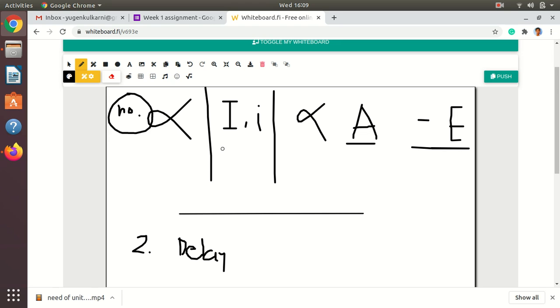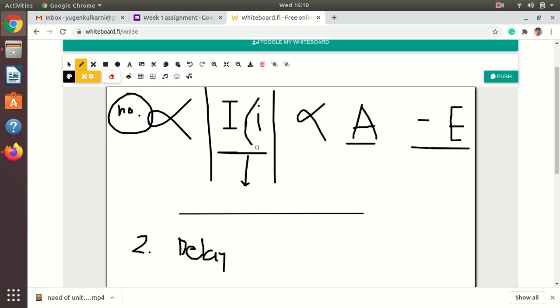Suppose we don't know whether light is particle or wave, but we can observe the effect. What was observed was, as we increase the intensity of the incident light, the energy is not increased but the current is increased.